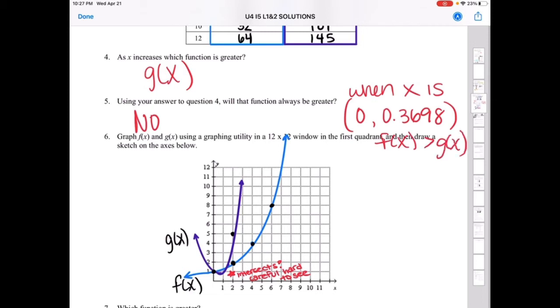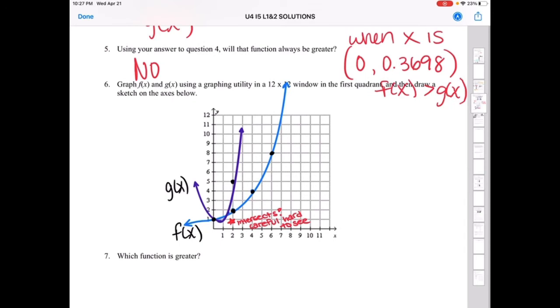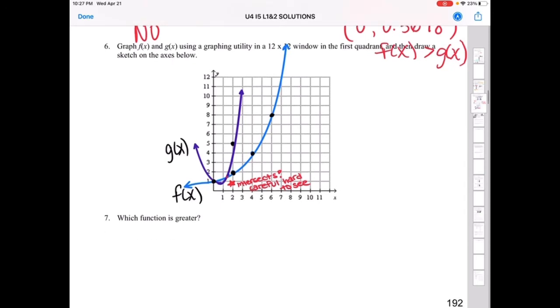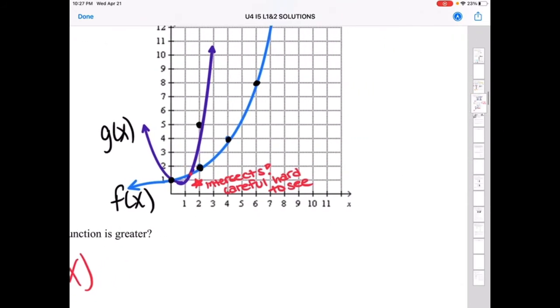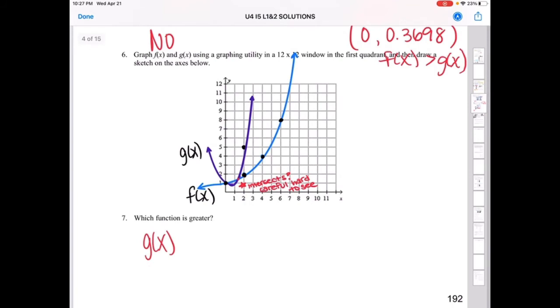Okay, so that's what I did here. I just drew a little intercept, and I put that in red, and it asks again, well, which function is greater? We're still going to say g of x, because even though there's that small little part where f of x is greater than g of x, the remainder of the function is greater than f of x for the entire rest of the function.